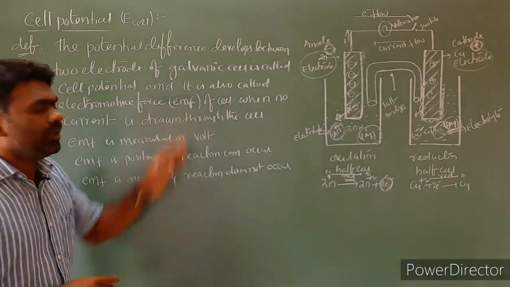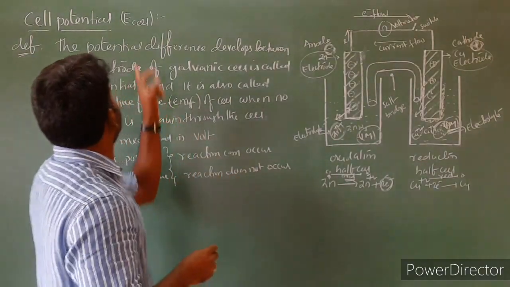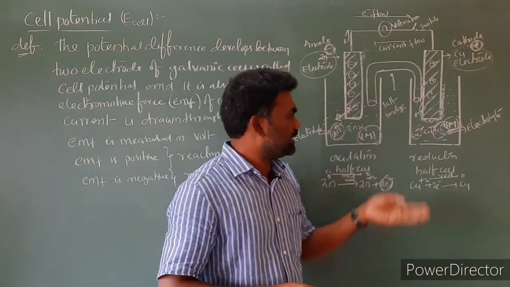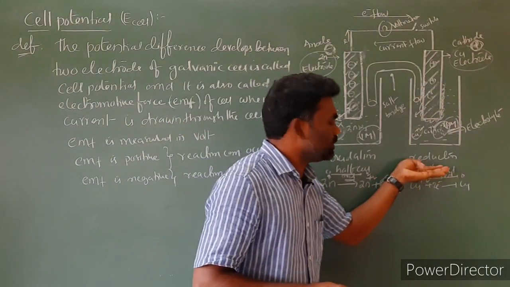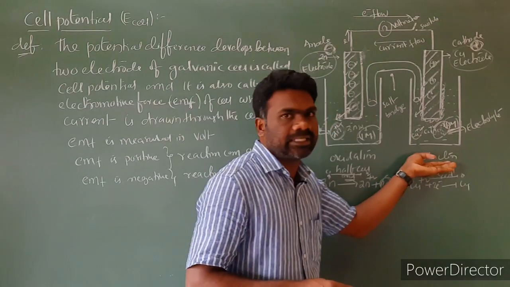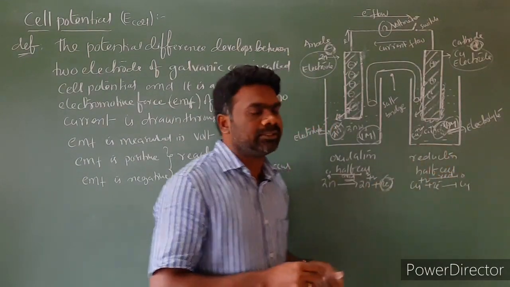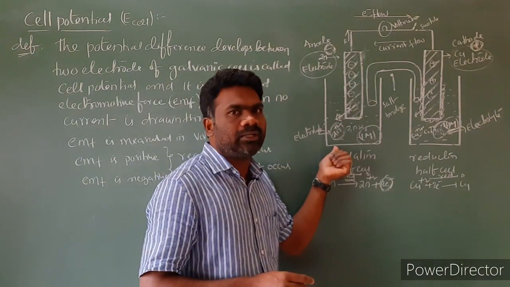Now we have to derive the formula to calculate the EMF of a cell. The EMF of a cell can be calculated by taking the potential of the half cell on the right hand side minus the potential of the half cell on the left hand side.